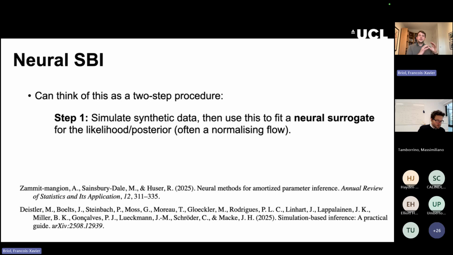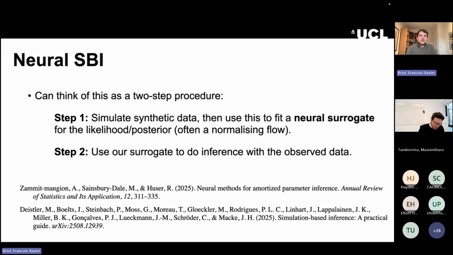Okay, so that's the first part. This part is usually the very expensive part, because you're simulating a lot from your simulator, and of course if the simulator is expensive, this is going to take you a lot of time. The second part is, once you've got your surrogate, you use it to do Bayesian inference with the actually observed data, so not the synthetic data, but the observed data.